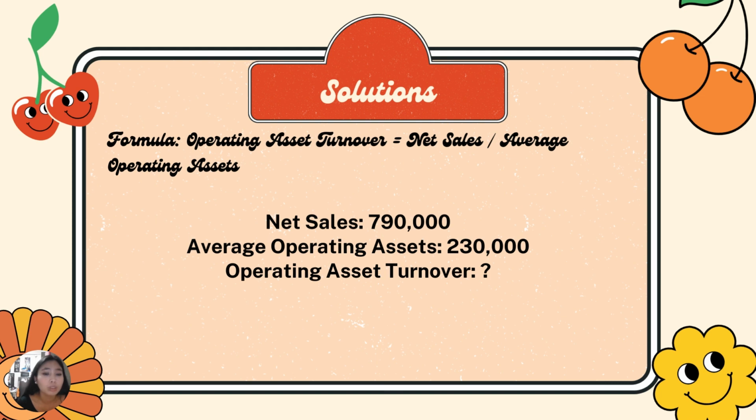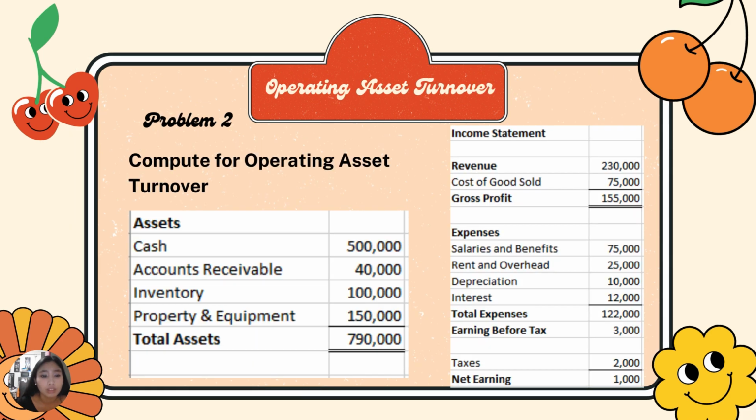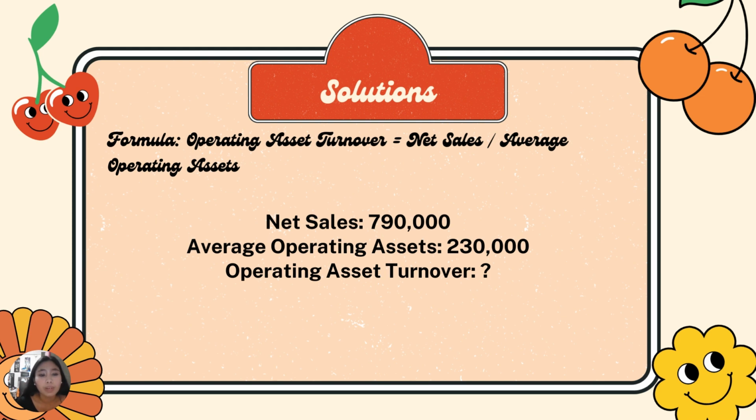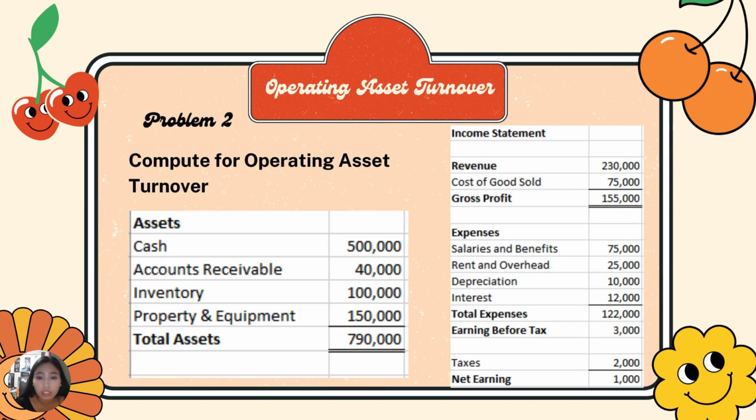So, solution natin para dyan is, ang formula natin is operating asset turnover equals net sales divided by average operating asset. So, ang net sales natin is 790,000, which is makikita dito sa total asset. Of average operating asset natin is 230,000, which is makikita here sa revenue natin.